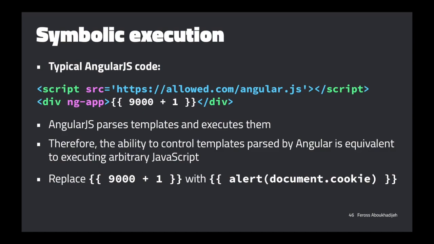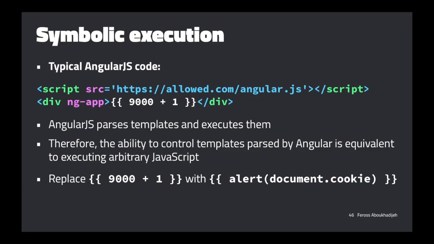And so if you have Angular on your page and you think that your CSP is protecting you from arbitrary code execution, the thing is, as a site creator, you've said, I trust Angular. I know Angular is not malware, so I'm going to trust allowed.com to load Angular from there.